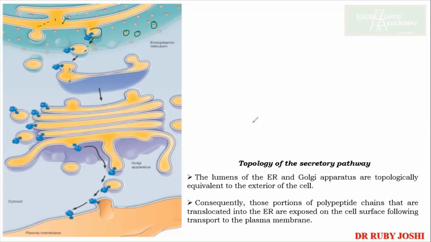This is the example of an integral protein. Here the protein is embedded into the ER membrane, so that entire vesicle carrying the integral protein will go and fuse with the Golgi apparatus. In the Golgi apparatus it gets modified according to the requirement, slowly going from the cis, through the intermediate, to the trans Golgi.